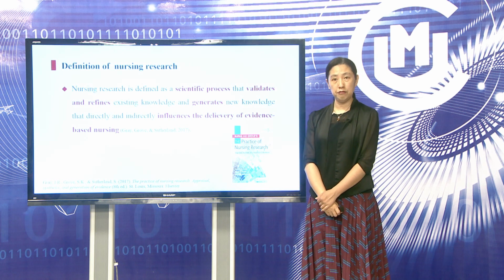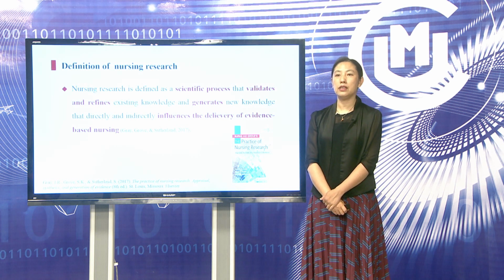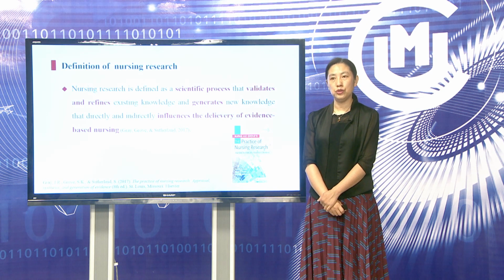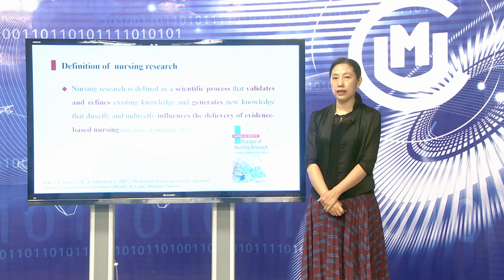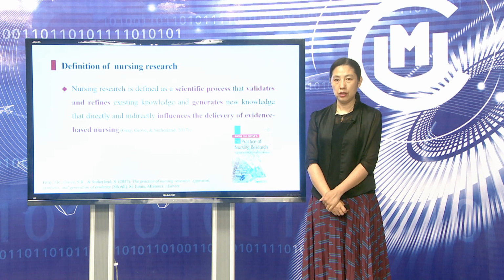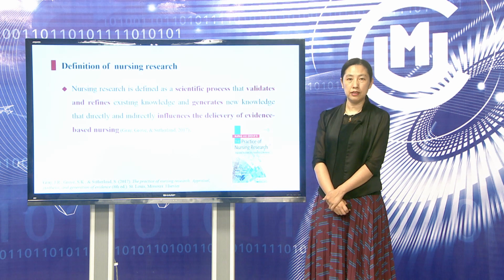So from this definition, you will understand nursing research is a scientific process, and we need to validate and refine existing knowledge and also generate new knowledge, which can directly and indirectly influence the delivery of evidence-based nursing.